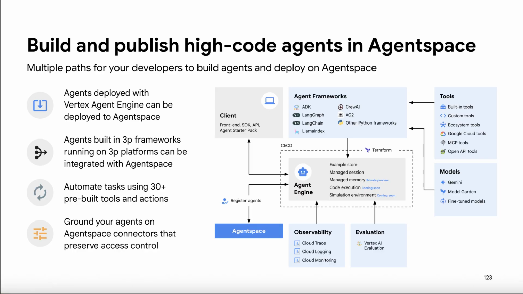We are also going to look at open source custom app UIs in order to consume those agents out of Agent Engine. What Agent Engine provides you is managed session, memory, code execution, as well as tracing, evaluation, monitoring, and logging facilities.